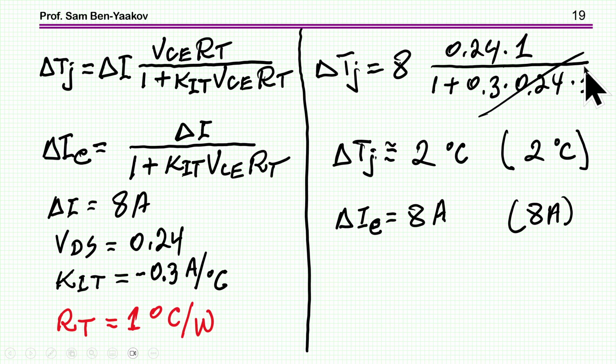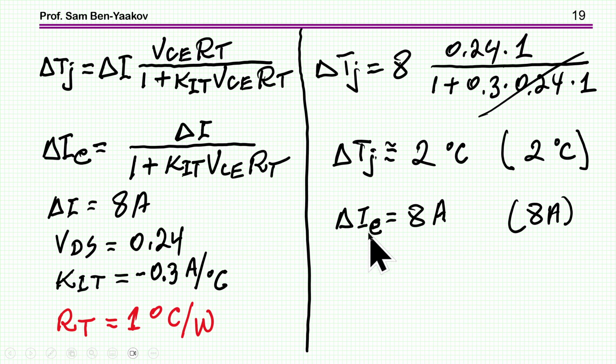Now the loop gain is a very small number here, so it really doesn't make any difference. So therefore the loop gain does not change the actual values. So the temperature is just like in open loop. This is the open loop, and this is with this thing, which is the same.